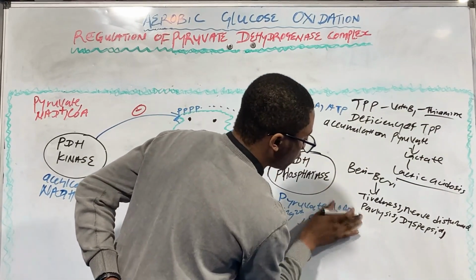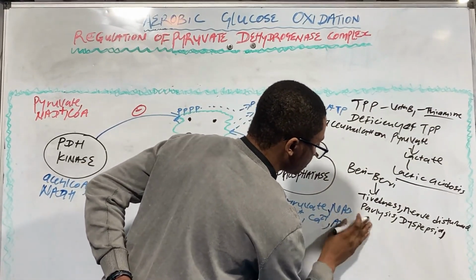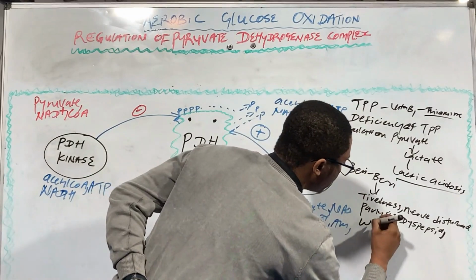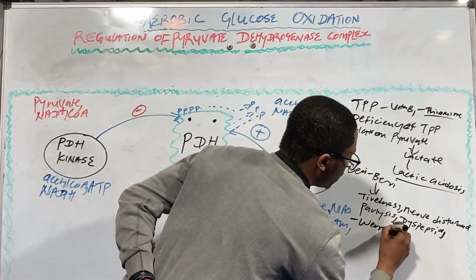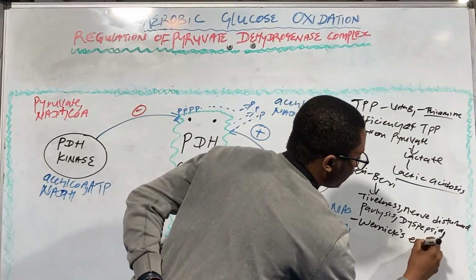Deficiency of thiamine may also cause a neurological condition known as Wernicke's encephalopathy.